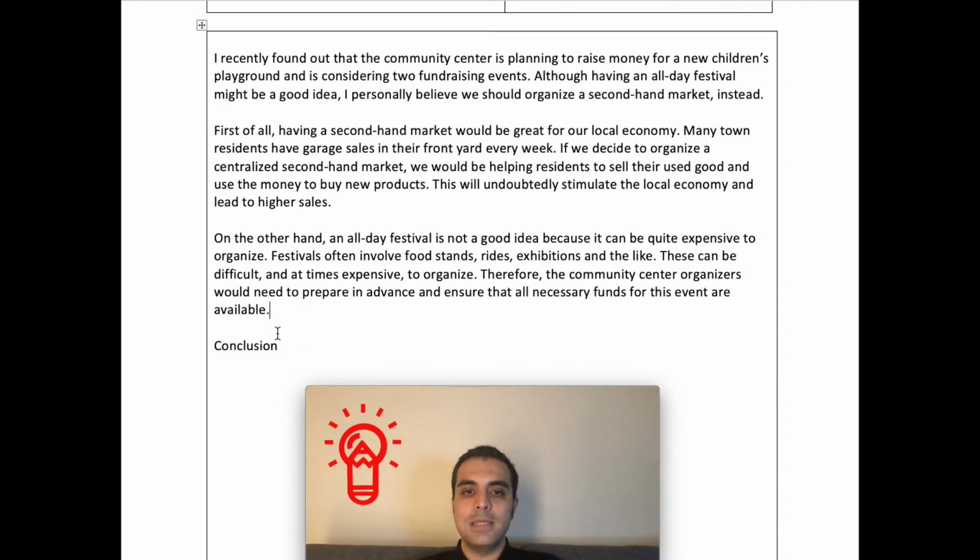Okay, that's it. I have my two body paragraphs. One paragraph is supporting my option, which is option B, and one paragraph is rejecting the other option, which is option A. Okay, this leaves me with the final paragraph, which is the conclusion paragraph.